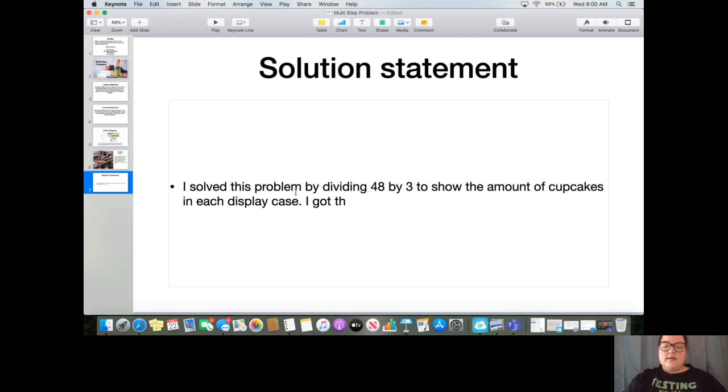I got that there will be 16 cupcakes in each display case.